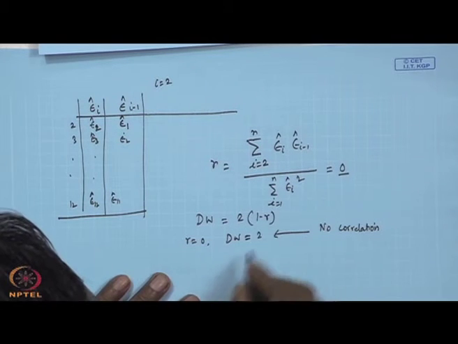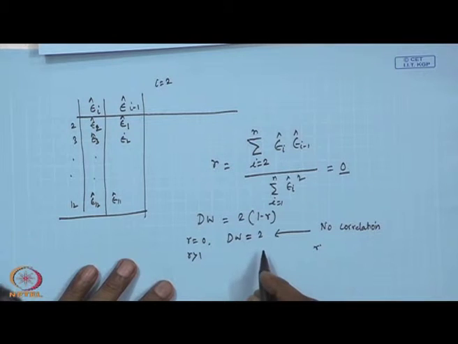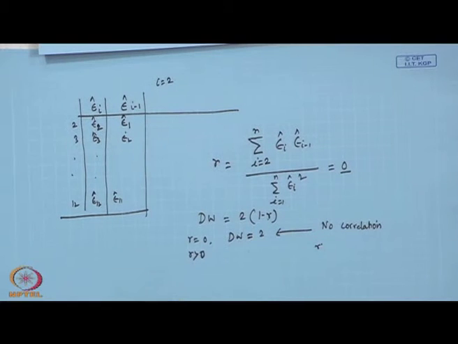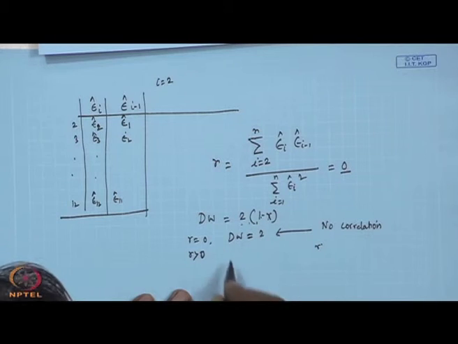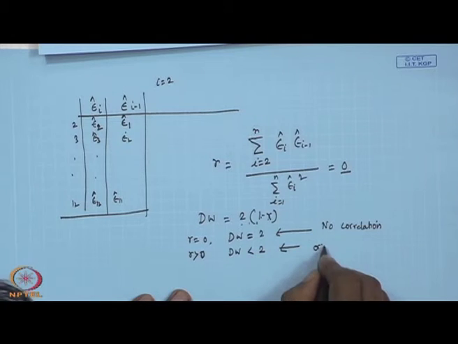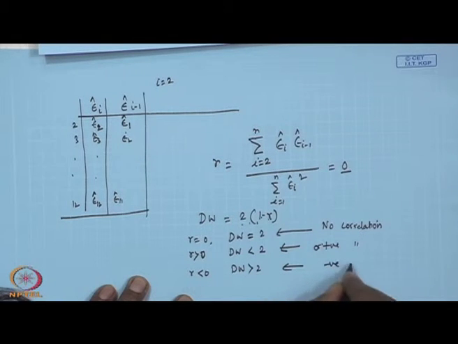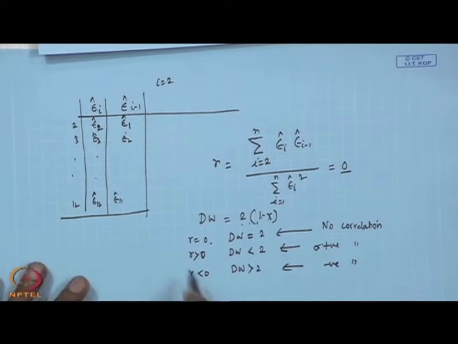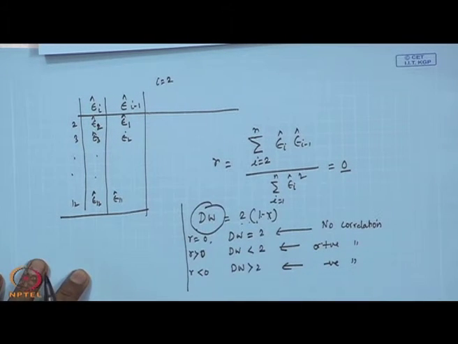And if r is greater than 0, then this will be less than 2. That means less than 2 indicates positive correlation, and when r is less than 0, DW is greater than 2, which is negative correlation. Most of the software gives these DW values.